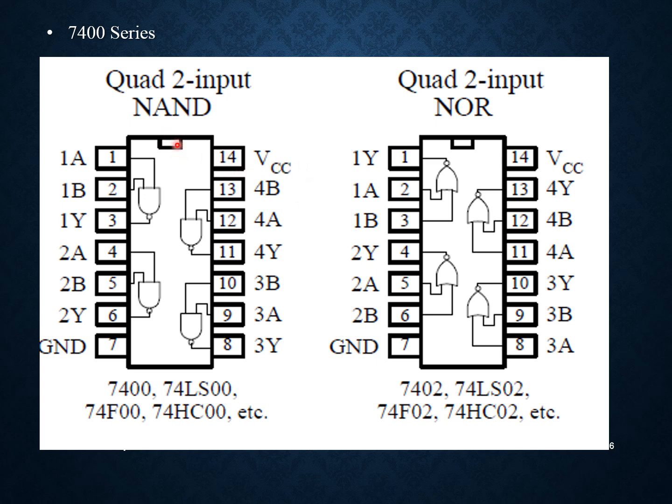You can see this mark, then the pins start from here and end at this pin, 1 to 14. If I consider this gate, this is input and this is output. You can check the output using an LED or a multimeter.